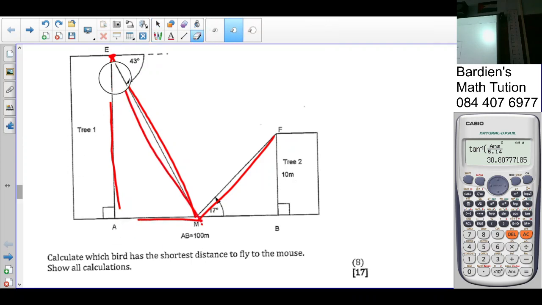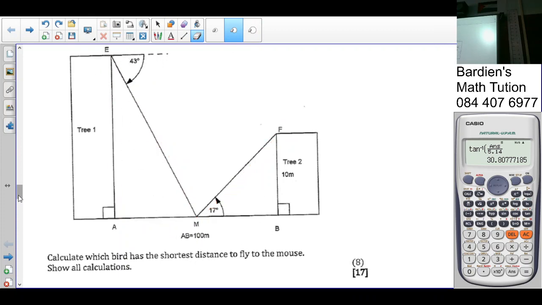So to calculate those values, let's look at the eagle first. We can't calculate the eagle first. We're short of too much information. The only thing at this point we can say is that that is 43 degrees. Nothing else we can say. So let's rather start off with the falcon.